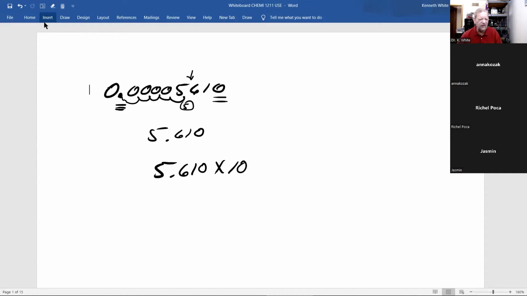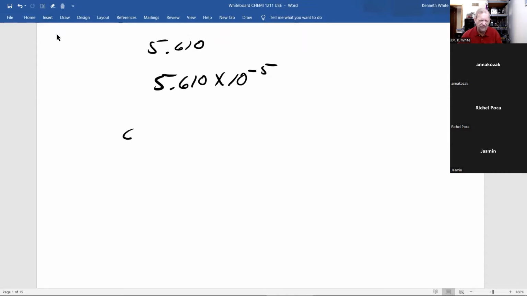And then what is x? Well, when x is less than 1, remember it's times 10 to the x. When the number is less than 1, which this is, then x is minus. So it's minus 5.